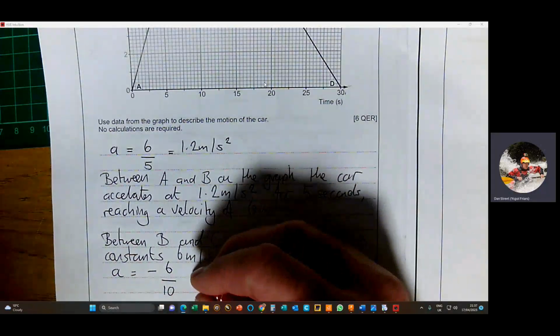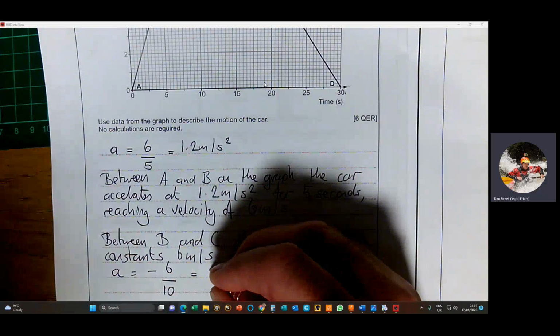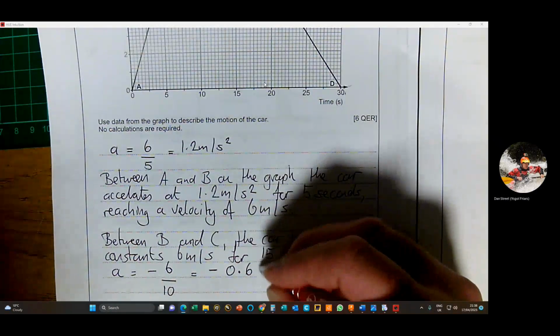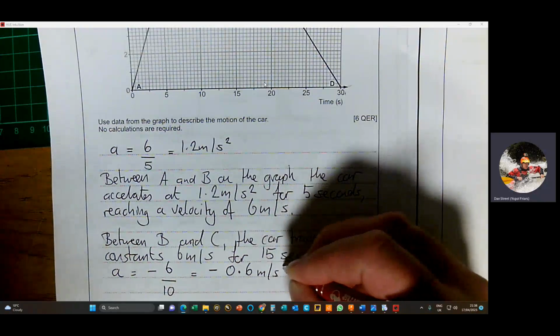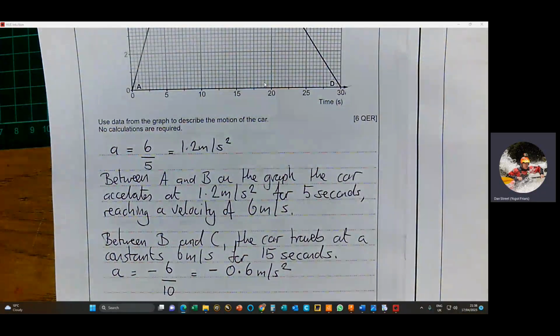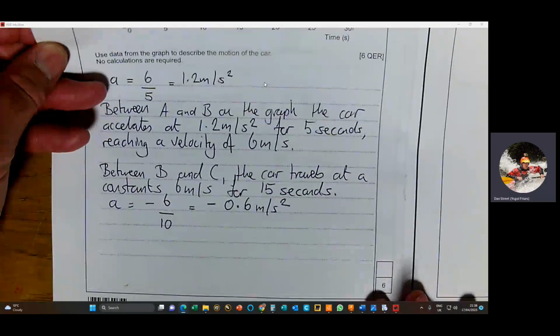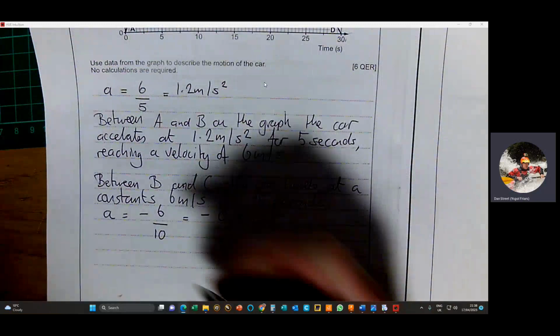So the acceleration is minus 0.6 meters per second squared. So it decelerates more slowly. And again, because this is a QER question, we need to write a sentence to explain ourselves.